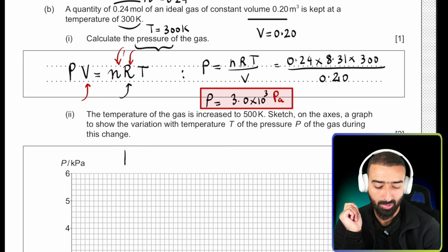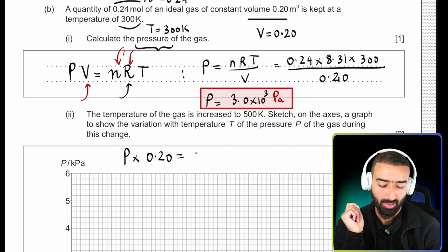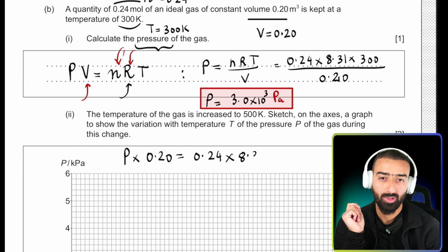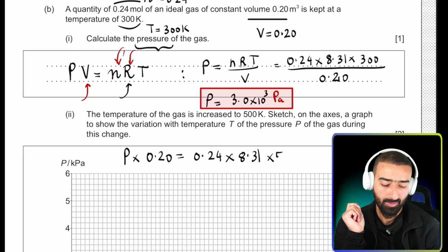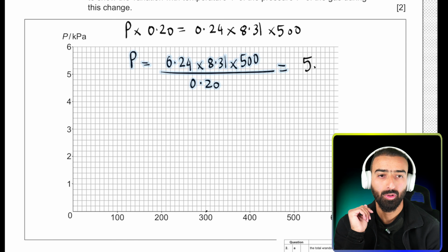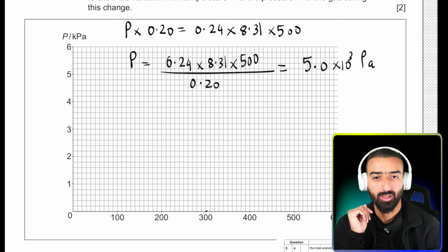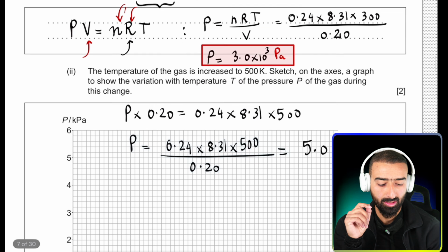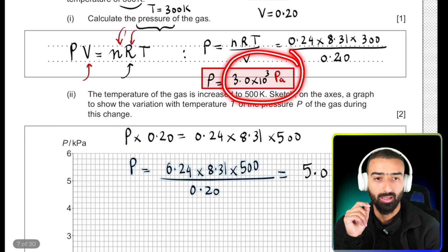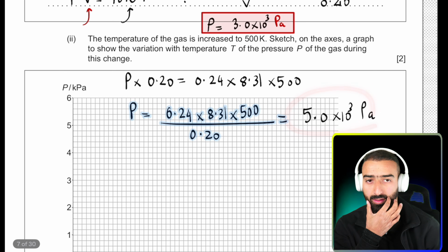So once again, the pressure times the volume, which is 0.20, equals the number of moles, 0.24, gas constant 8.31, and the temperature is 500. That means the pressure would be 5.0 times 10 to the 3 pascals. So the initial pressure is 3 kilopascals that we found here. And after increasing the temperature, the pressure goes to 5 kilopascals.